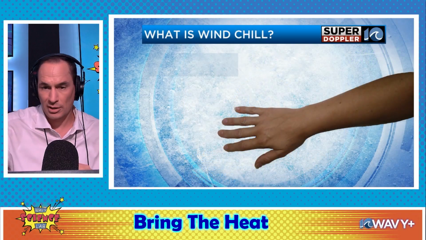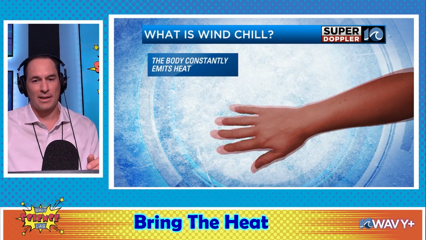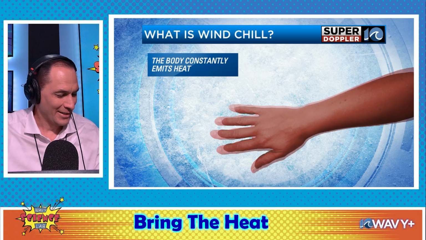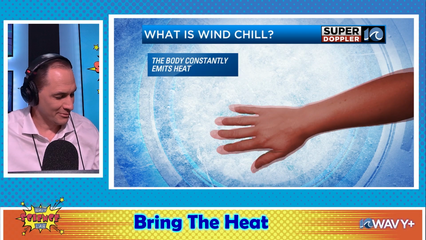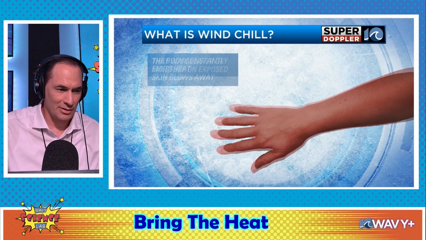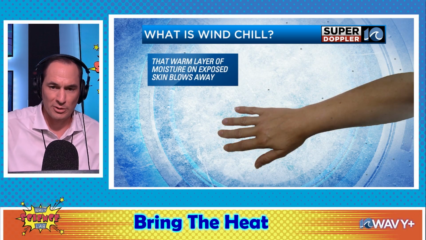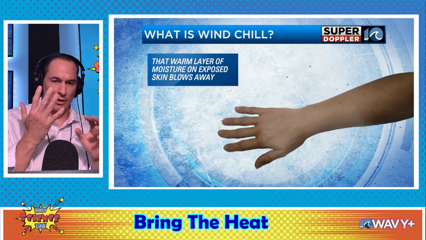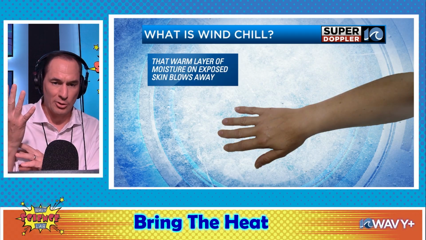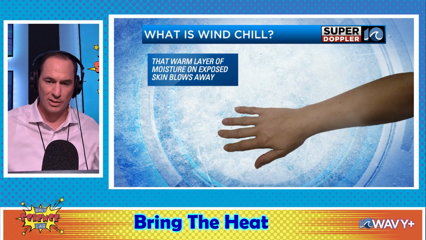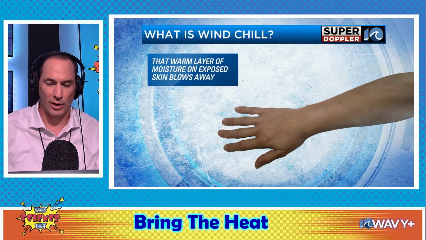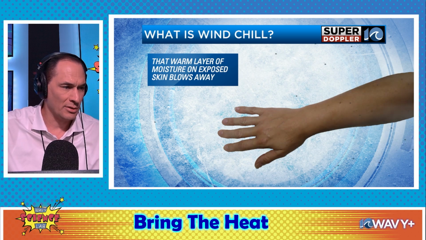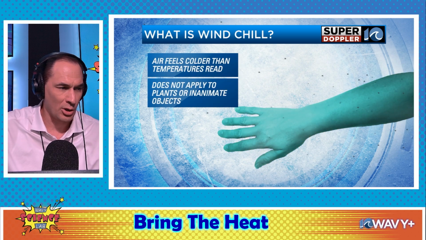And then let's talk about the opposite end, the wind chill. The body constantly emits heat. There you go, the heat. The heat escapes from you during the wintertime when it's cold. Normally you've got a layer of heat around you, but when the wind is strong, it will strip that layer away, and you no longer have it. And so you can get exposure to that cold.